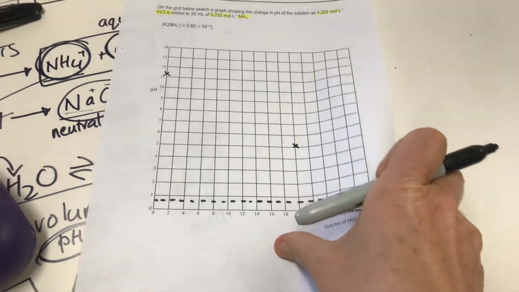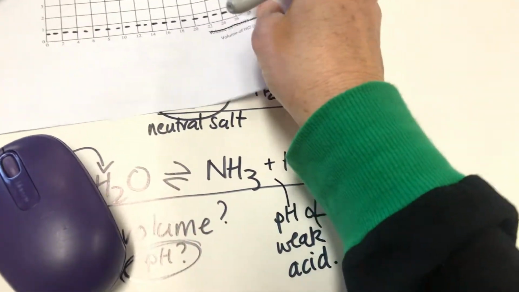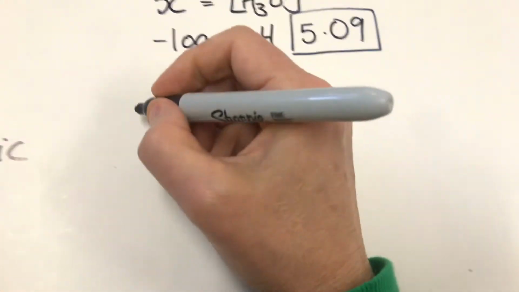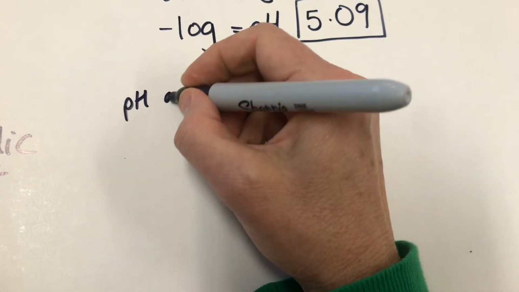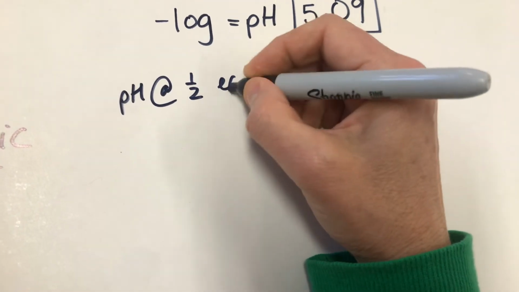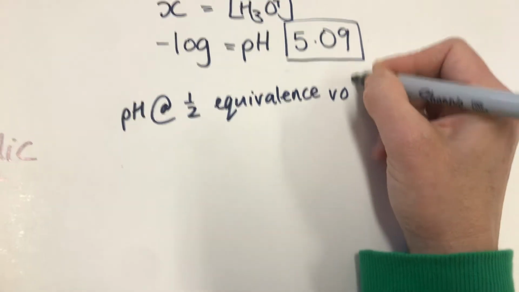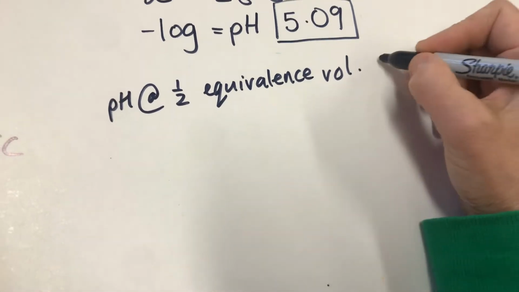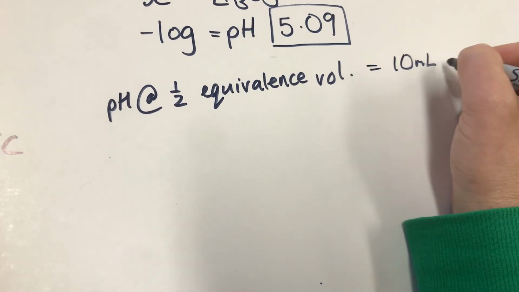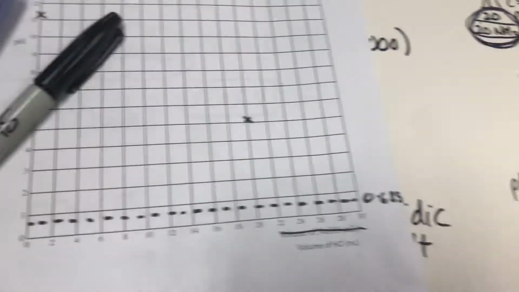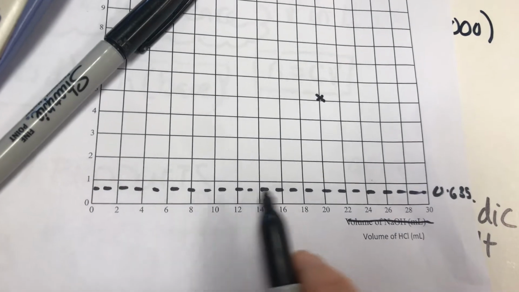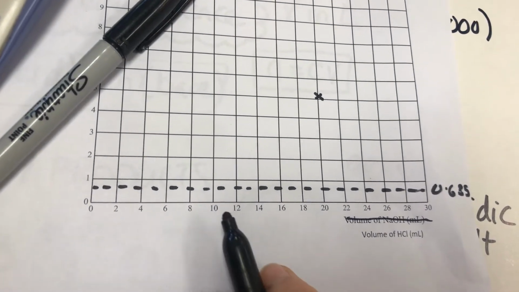Right, so there's just one more point to go, and I'm going to spend quite a bit of time on this, and this point is the pH at half equivalence volume. Okay, so in this case, half equivalence volume is at 10 mils, right? So we are just trying to find what pH is happening on our curve at 10 mils.